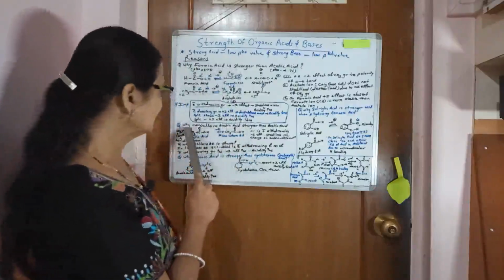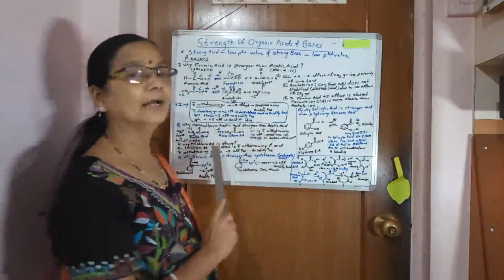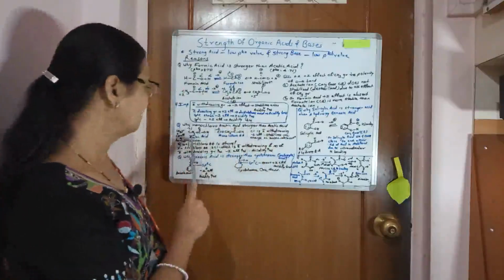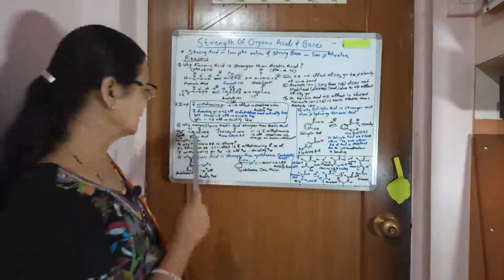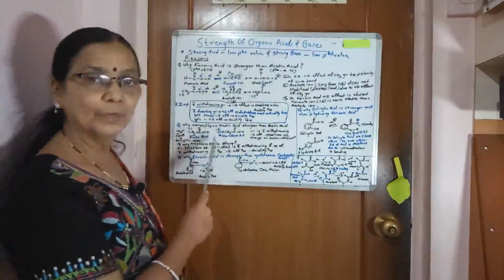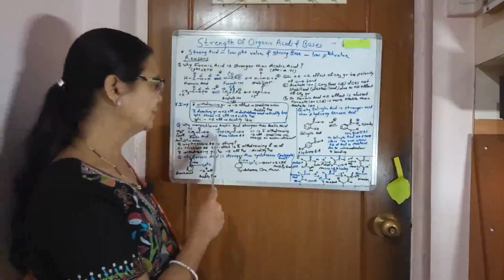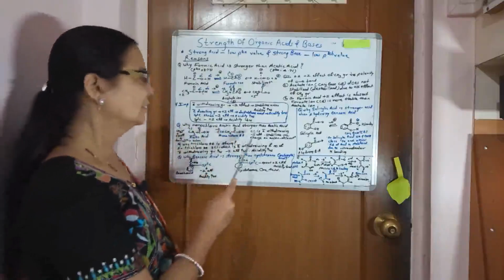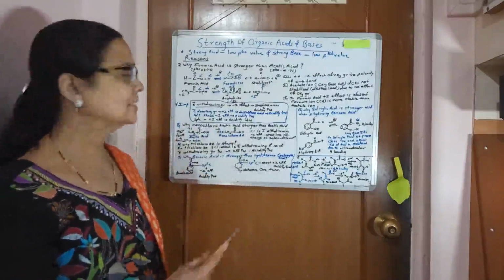The second reason is why monochloroacetic acid is stronger than acetic acid. Whenever we compare acetic acid and monochloroacetic acid, one of the hydrogens of acetic acid is replaced by chlorine. As you know, chlorine is electron withdrawing in nature. It withdraws the electron. Therefore, it shows the minus I effect.